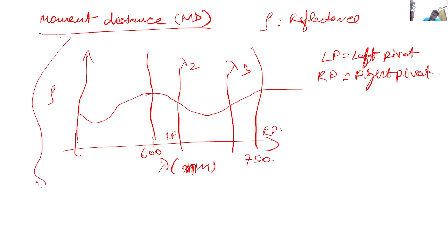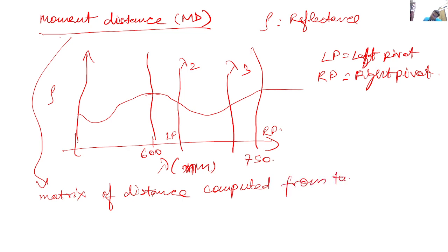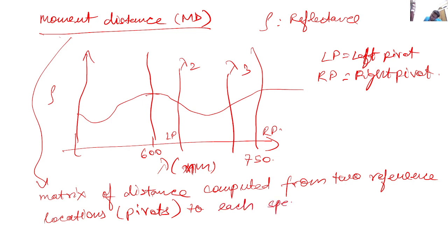So in moment distance estimation, we formulate the matrix of distances computed from two reference locations, which we are terming as pivots, to each spectral point within the selected range.